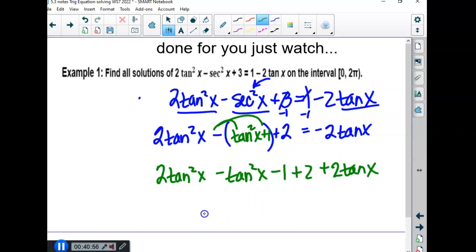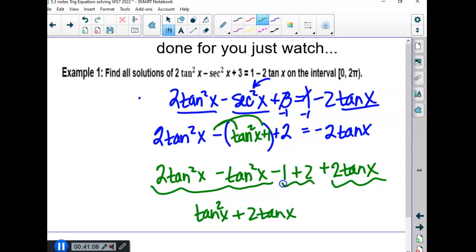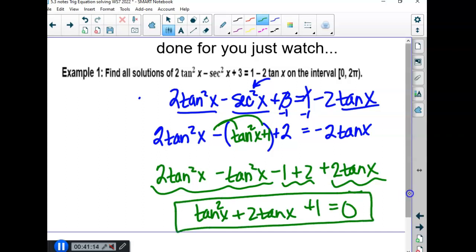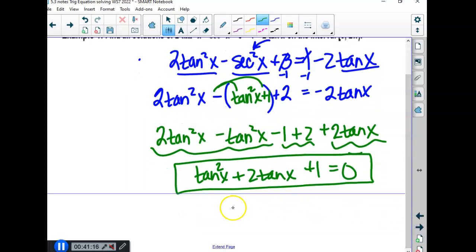Okay, really grossed out right now. But this would combine to be 1 tangent squared of x plus 2 tangent of x. And back here, I'd have a plus 1. Is that what they have at some point on your sheets, guys? Do you see a tangent squared plus 2 tan plus 1 on the notes?